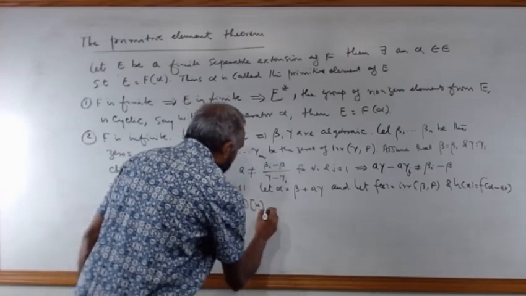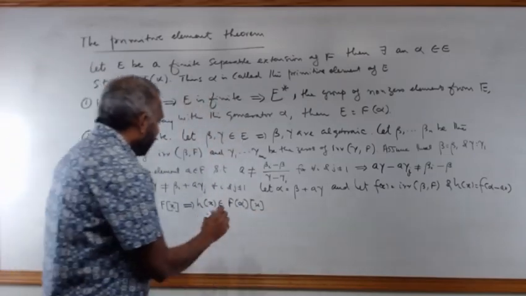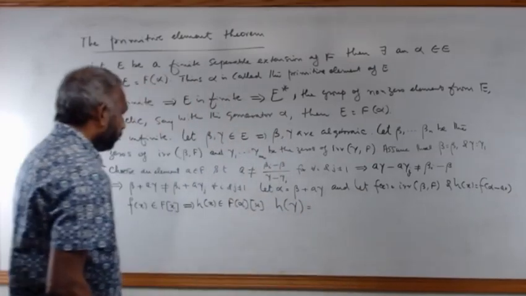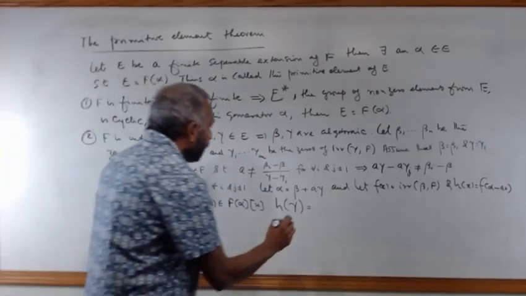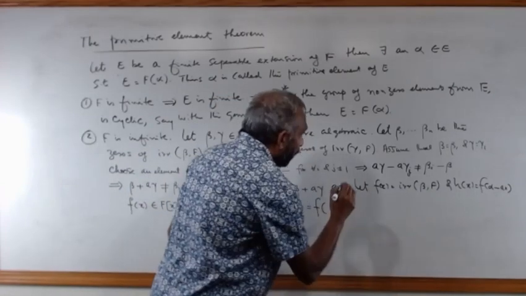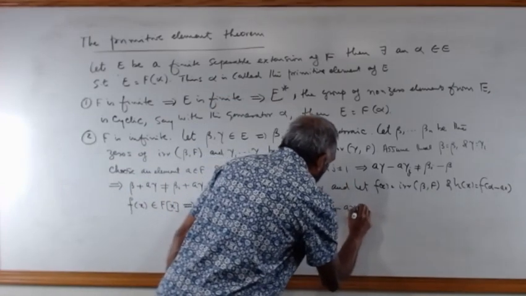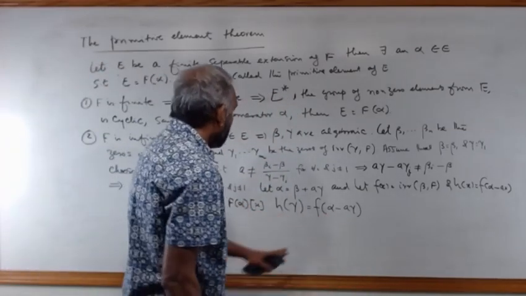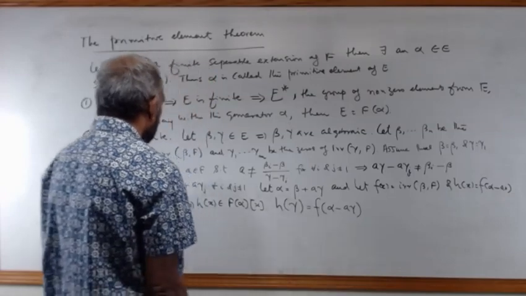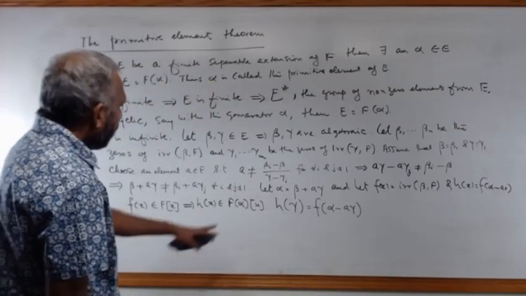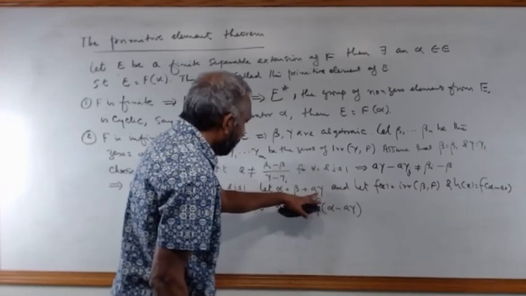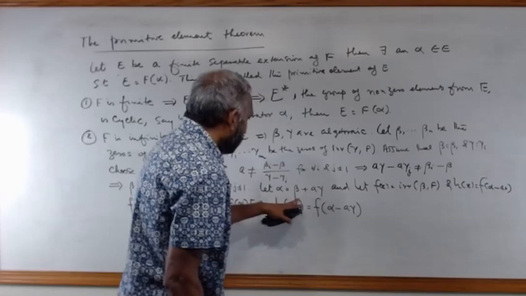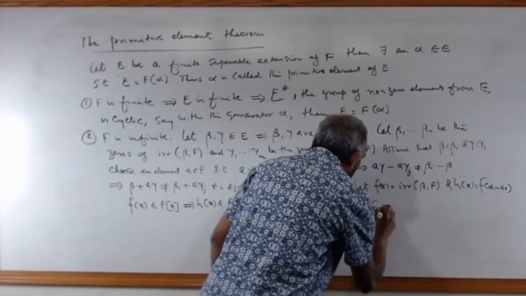Now let us compute h of gamma, which is equal to f of alpha minus a gamma. And what is alpha minus a gamma? What is alpha? Alpha is beta plus a gamma. So alpha minus a gamma is beta, and that is equal to f of beta.